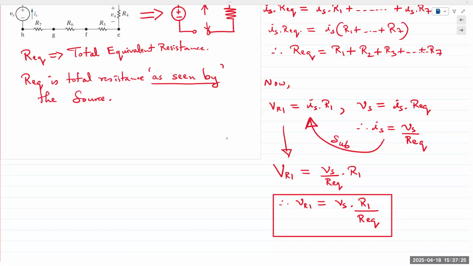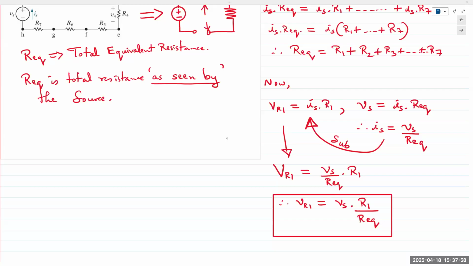Remember, at the top of this course, I stated the three equations that we need for analysis are Ohm's law, KVL, and KCL. Everything else is derived from these three primary equations. So again, this is derived from Ohm's law. It's a shortcut that allows us to skip a step. We do not need to find IS. It seems very simple, but when we are working with larger circuits, it is very useful.